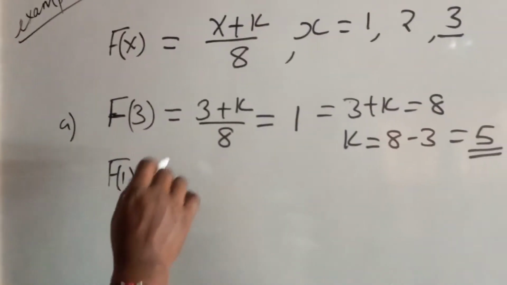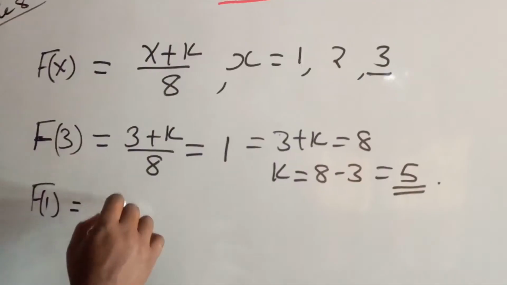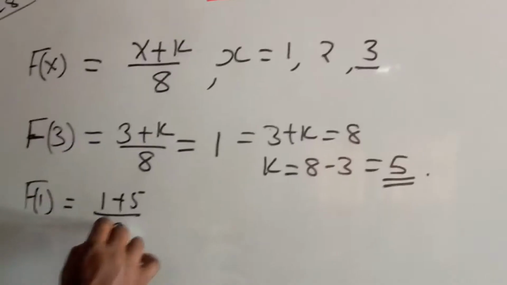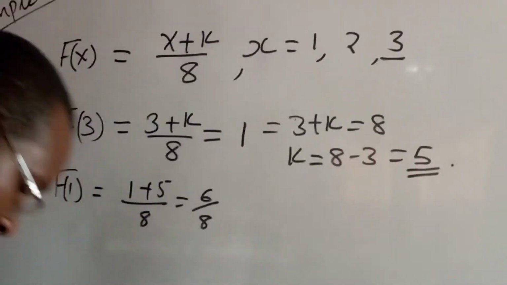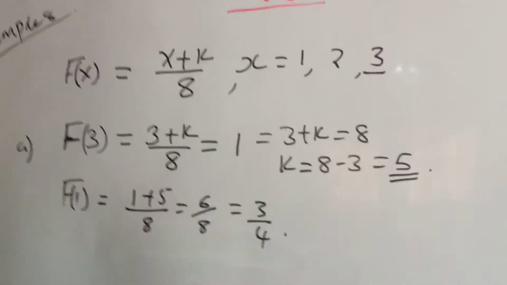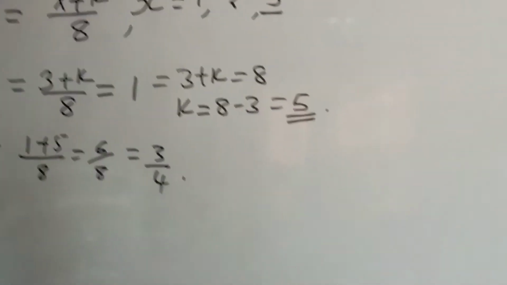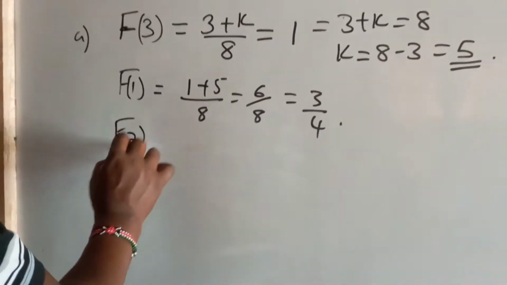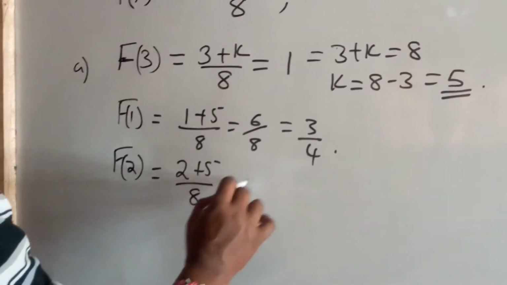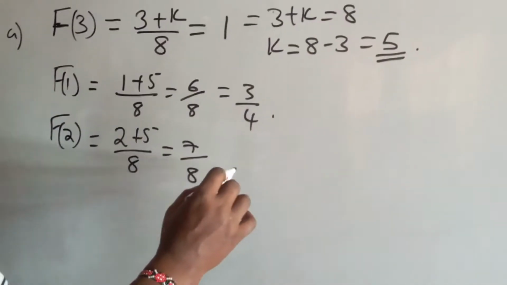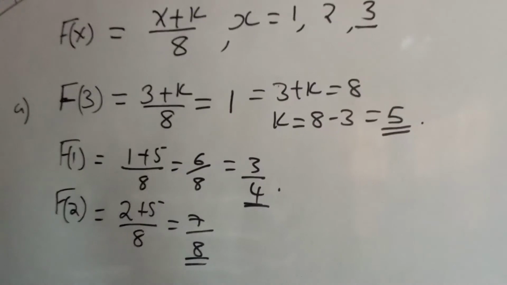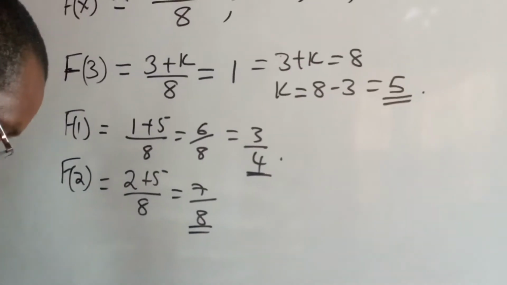F(1) is (1 + 5)/8, which is 6/8, which is basically 3/4. What about F(2)? F(2) is (2 + 5)/8, which is 7/8. These are the values that we need to see in the cumulative distribution table.